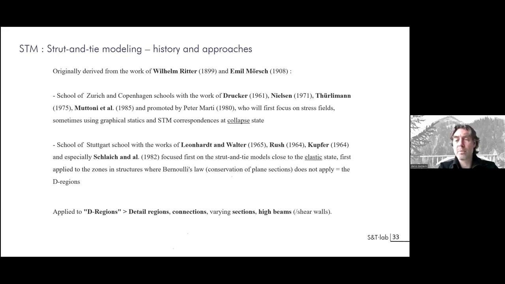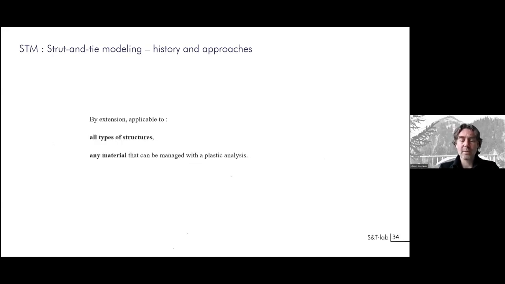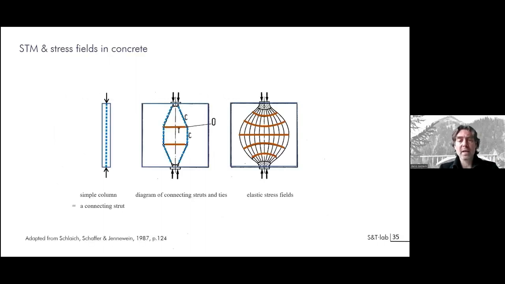We do not have the possibility to use the classical theory of elasticity, as I will be showing, so you have to go somewhere else. By extension, if you can use a strut model or a truss model for a beam, why use a truss on one side for the shear forces and bending on the other side for calculating bending forces? You can use only one model, and this is what we'll be about in the next slide.